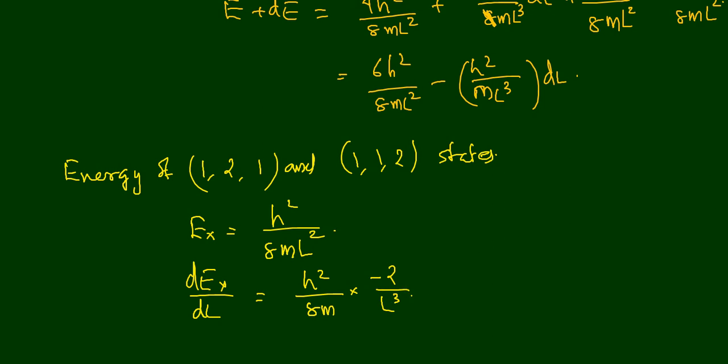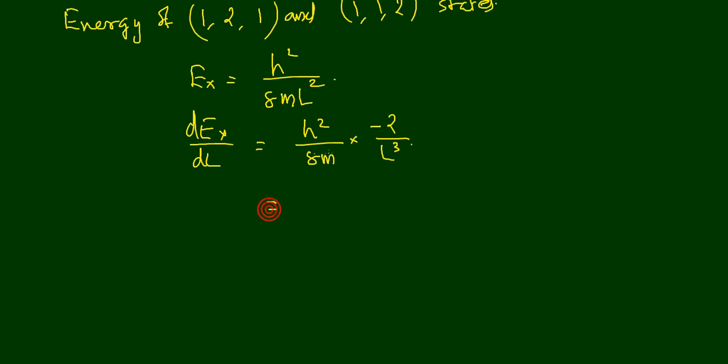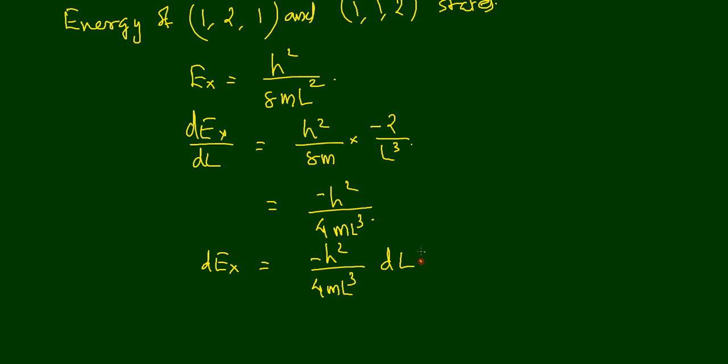So we can write the value here as minus 2h square divided by 8 ml cube, or we can write it like minus h square divided by 4 ml cube. Okay, so that is the dEx by dl value. So from this one we can write dEx is equal to minus h square divided by 4 ml cube into dl. Okay, this is the dEx value here.